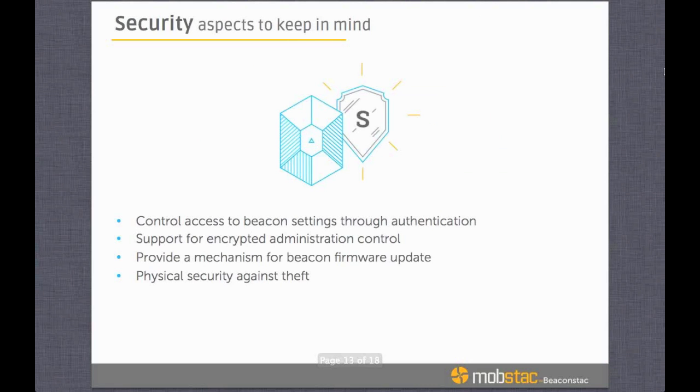Moving on to security. A beacon is really a small device with a bunch of circuitry on it. In many cases, there's firmware running on it. And beacons have a bunch of settings that you can control: what the numbers are that it broadcasts, what its identification numbers are, and a bunch of other things, including hardware-specific information that you may want access to.